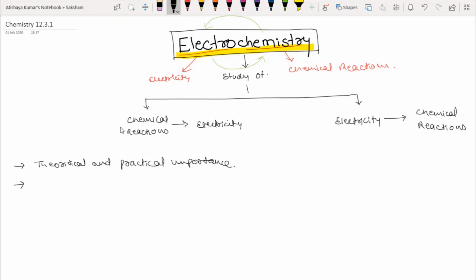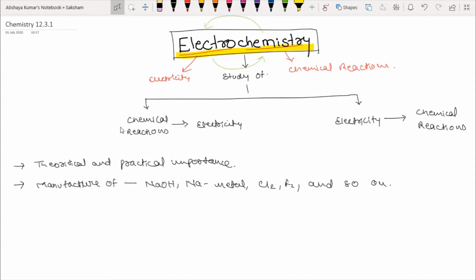Electrochemistry basically is used in the manufacture of many types of elements and compounds, mostly those elements which are very electropositive or very electronegative, such as sodium hydroxide, extraction of sodium metal, chlorine gas, fluorine gas, and many other metals. Let us start with the manufacture of sodium hydroxide first.